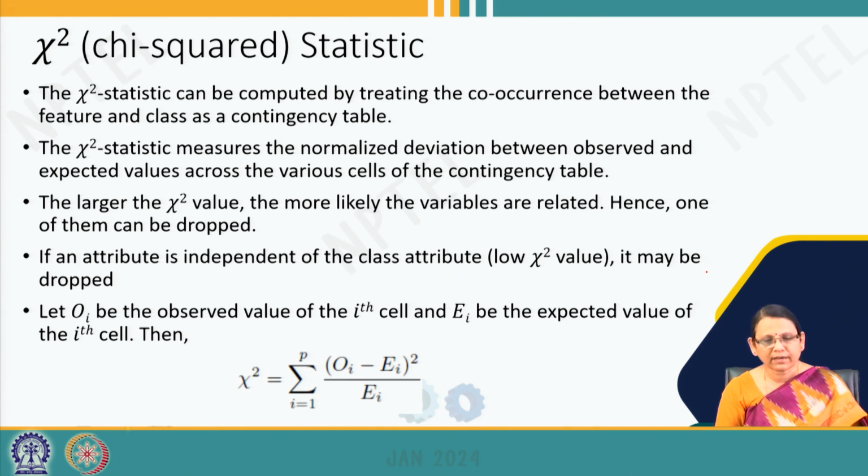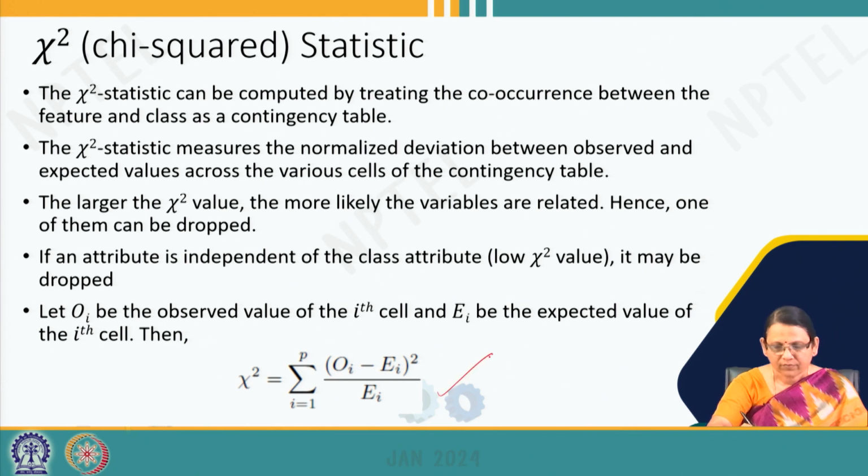The larger the chi-square value, the more likely the variables are related, hence one of them can be dropped. So, for categorical variables, we will be able to find the correlation in some sense. If the attribute is independent of the class attribute, that is, a low chi-square value, it may be dropped.